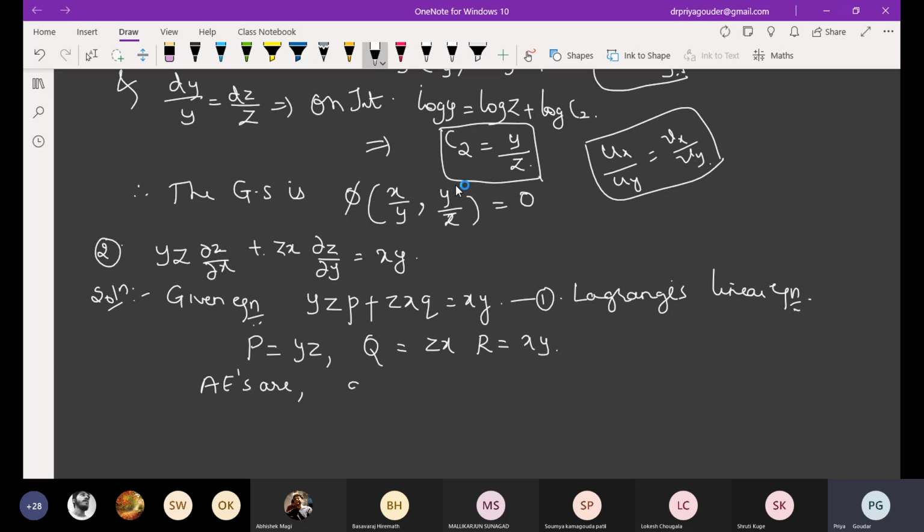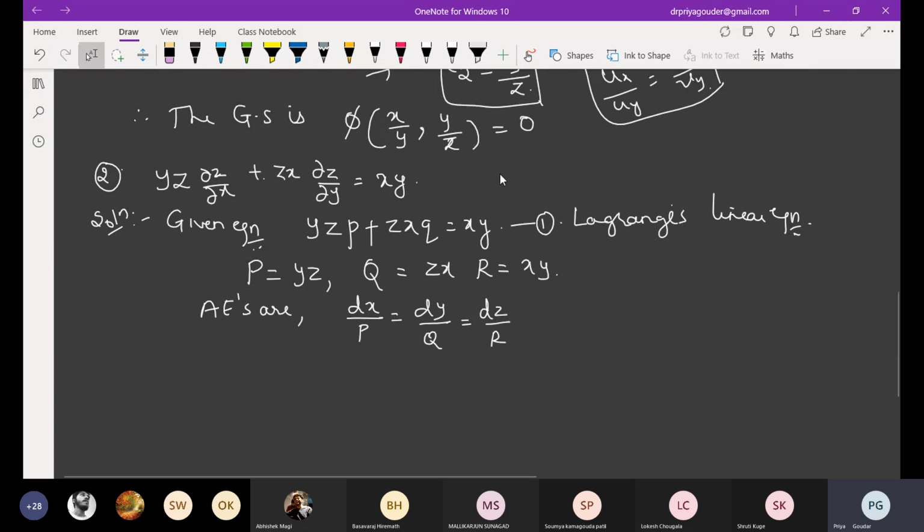What is the standard form? dx by P, dy by Q, dz by R. If you write this auxiliary equation alone, there will be 1 mark for that. But don't get only 1 mark, get full marks. So dx upon yz is equal to dy upon zx is equal to dz upon xy, correct?